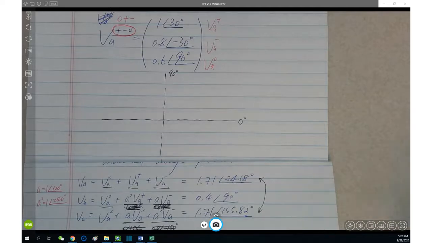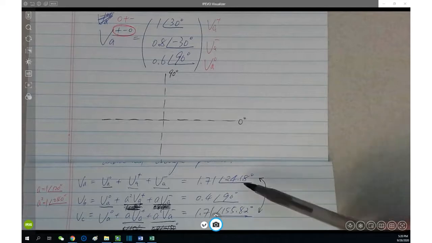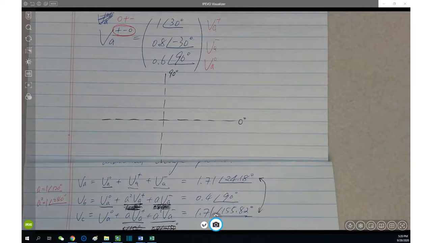And therefore, these two vectors become what? Can you tell? A straight line? Well, they add up to 180, so they're pointing in opposite directions?